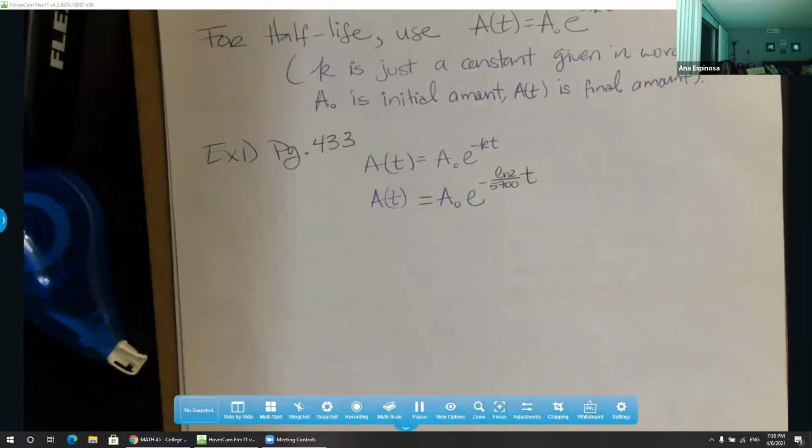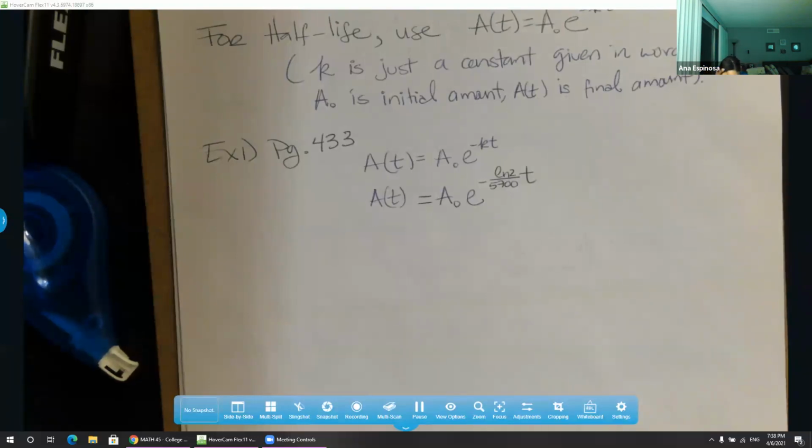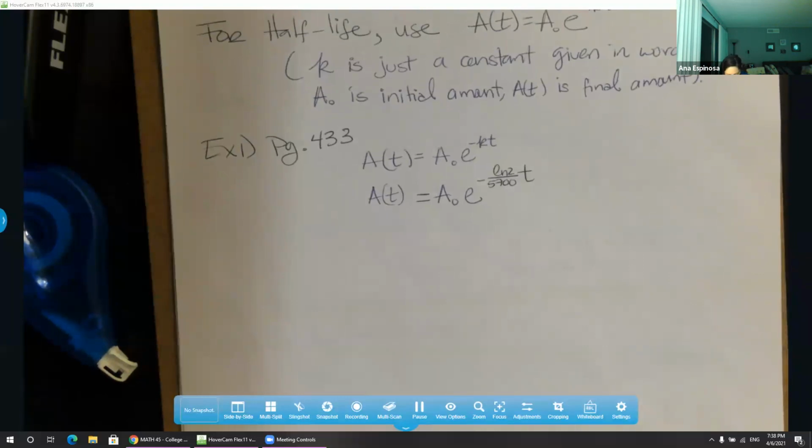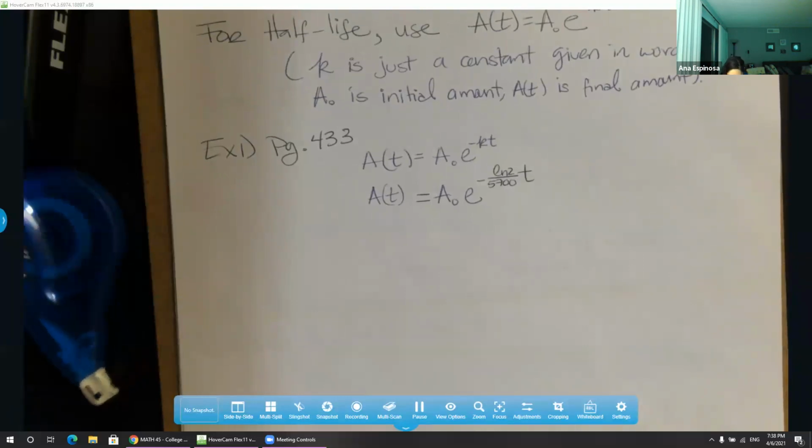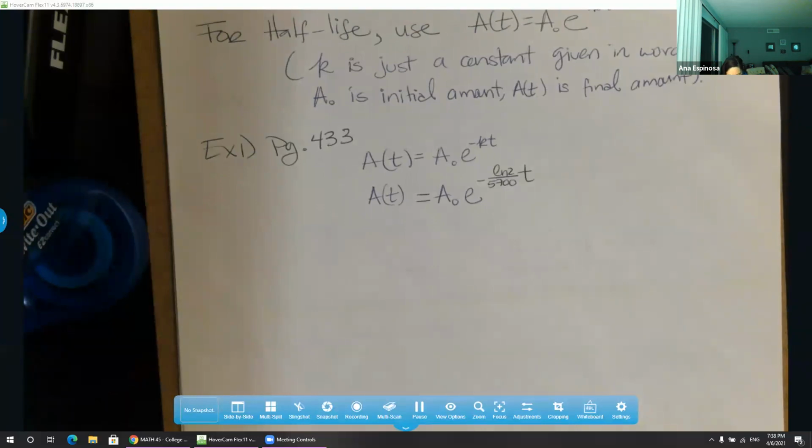On page 433, it says finding the age of a fossil. Carbon-14 is a radioactive form of carbon that is found in all living plants and animals. After a plant or animal dies, the radiocarbon disintegrates. Using a technique called carbon dating, scientists determine the age of the remains by comparing the amount of carbon-14 present with the amount found in living plants and animals.